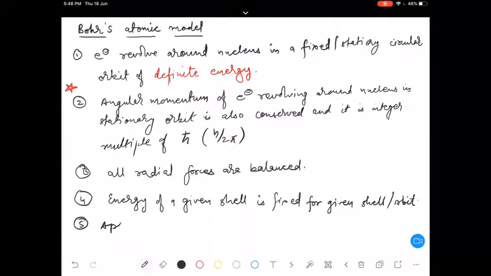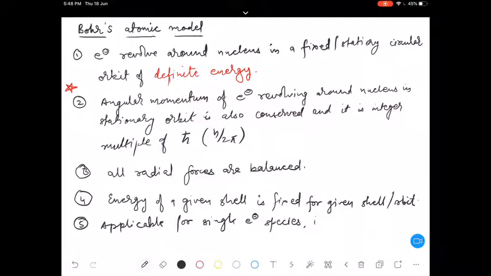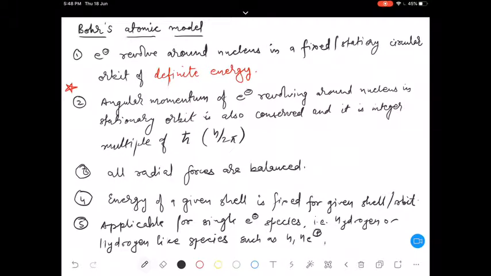Fifth one, applicable for single electron species, that is basically hydrogen or hydrogen-like species, such as hydrogen, helium positive, lithium dipositive, beryllium tripositive.